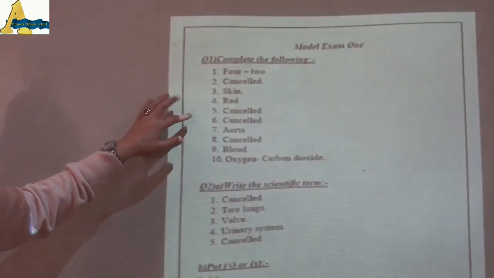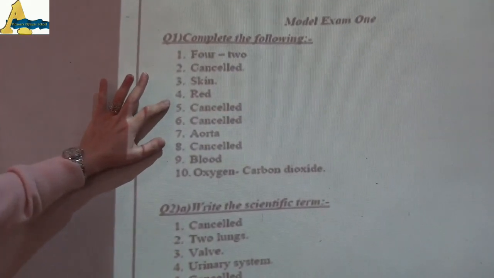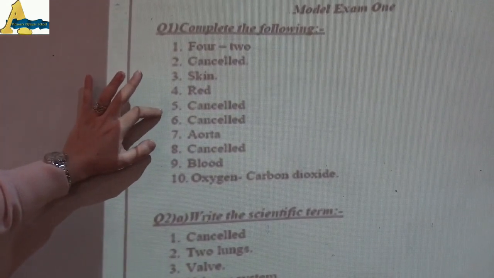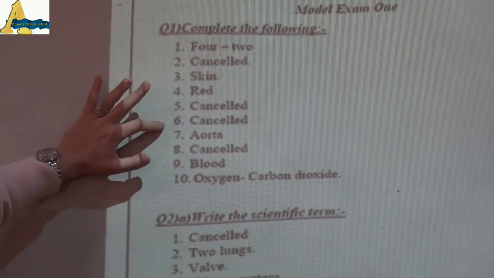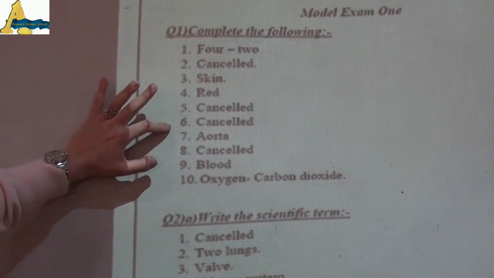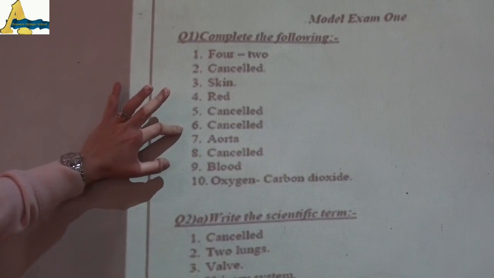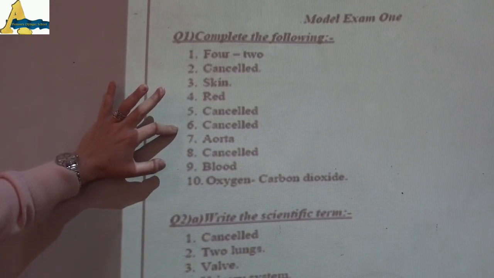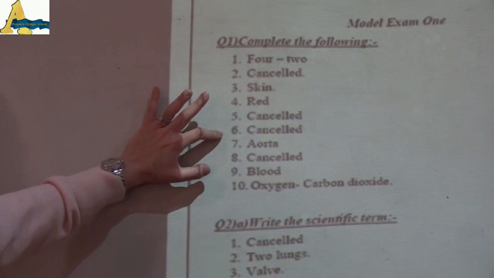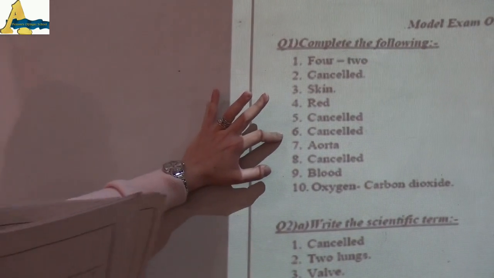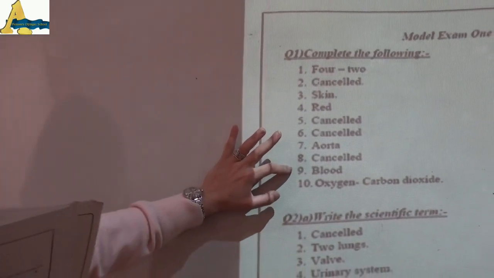Number 5 is cancelled. 6 is cancelled. Number 7, the left ventricle pushes the blood through the aorta, which transports the blood to all the body cells.